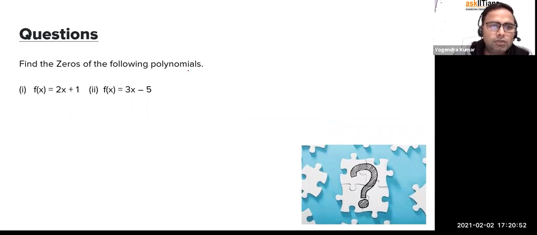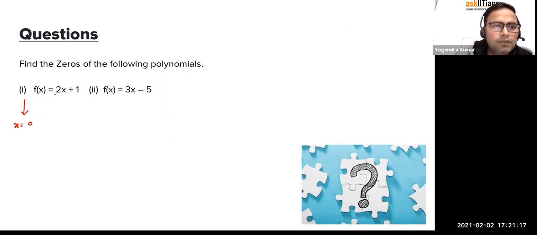Now see these questions we can practice. Find the zeros of the following polynomials. One method is to randomly try values. I put x equals 0, and I'm not getting 0. Zero could also be a zero of the polynomial, whichever value makes it 0.